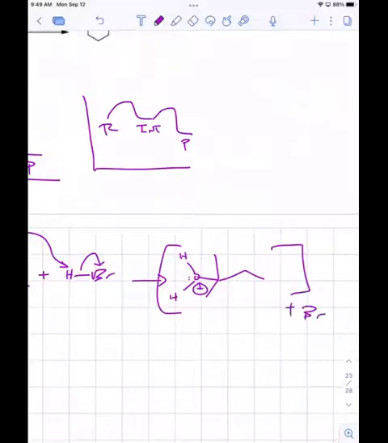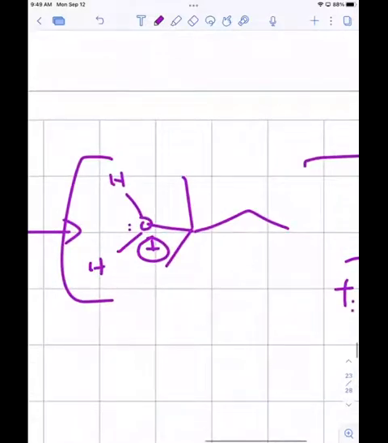Yeah, so is this concerted, right? No, it's not. It's actually stepwise. Oh, I think you just said that. Sorry. Yeah, that's okay. So now what happens once I turn that oxygen, that hydroxyl, into a water? What's the next step? Is there a proton transfer?